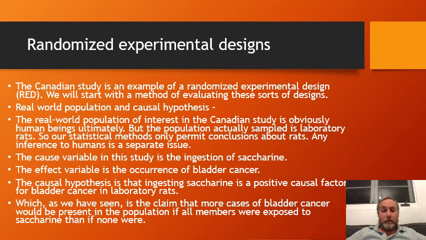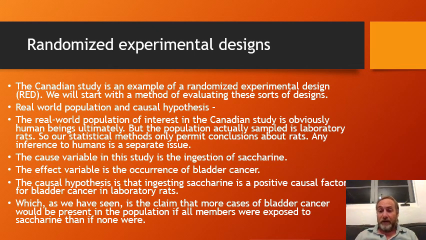The causal variable is ingestion of saccharin. The effect variable is occurrence of bladder cancer. The causal hypothesis is that ingesting saccharin is a positive causal factor for bladder cancer in laboratory rats. As we saw in the last lecture, when we talked about what we mean by these causal hypotheses, it says that more cases of bladder cancer would be present in the population if all members were exposed to saccharin than if none were.